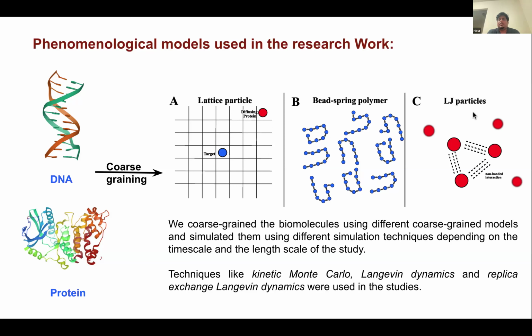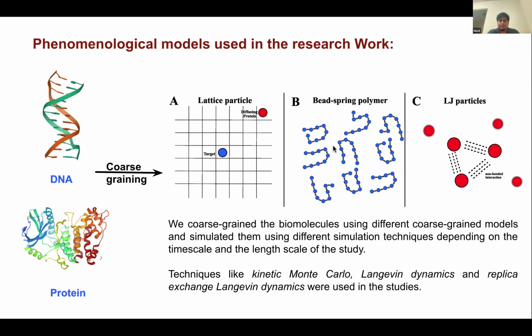LJ particles are coarse grained at a level where a whole protein is considered as one entity, or a DNA is also considered one entity, but they move through Brownian motion. So these are the kinds of models we generally use in our studies.